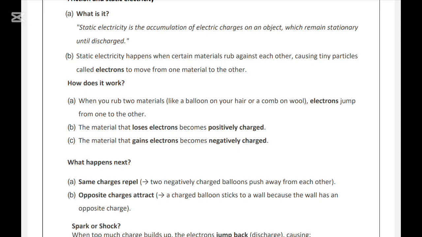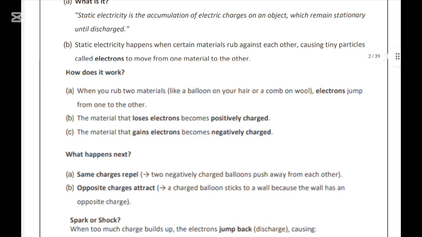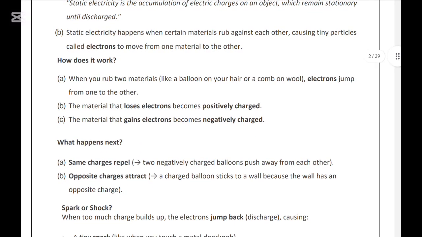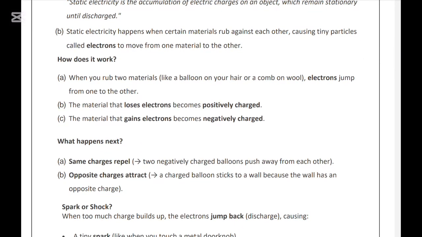So how does it work? When you rub two materials, like a balloon on your hair or a comb on wool, electrons jump from one to the other.